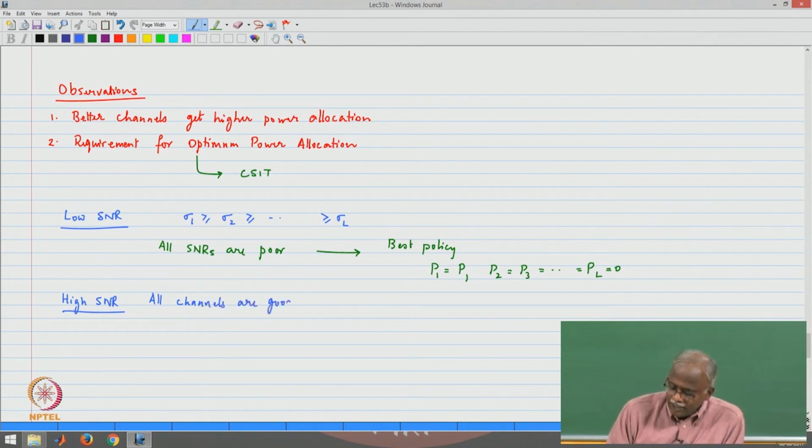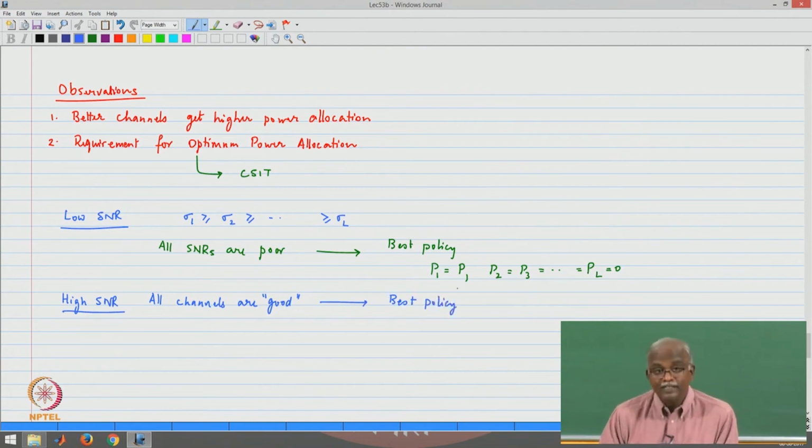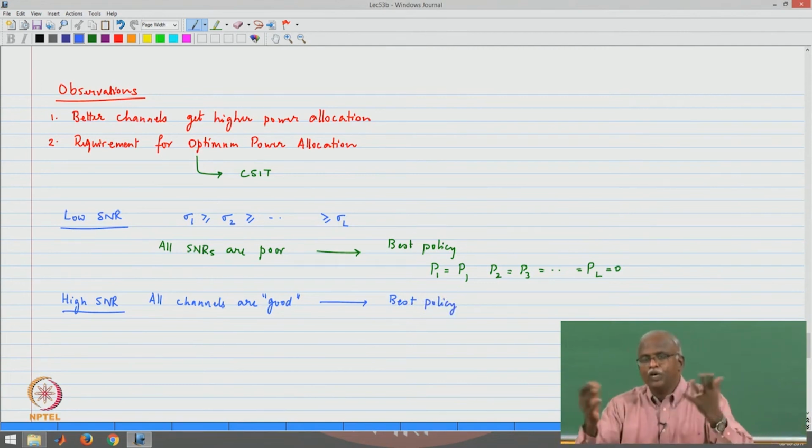So under this condition, again asymptotically it turns out that the best policy happens to be something that you may be able to guess. It says that when all the channels are good, there is really no need to fine tune your power allocation.